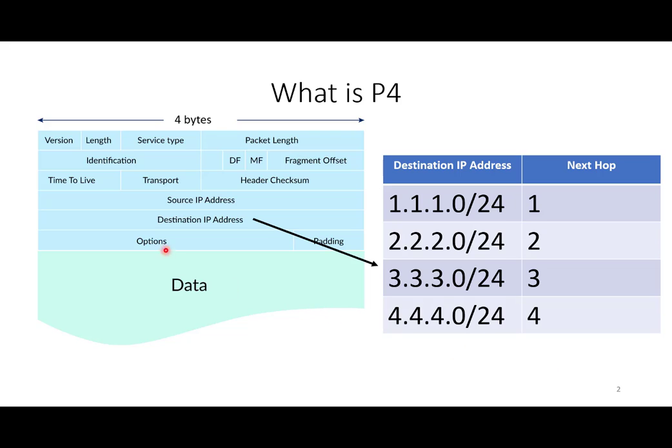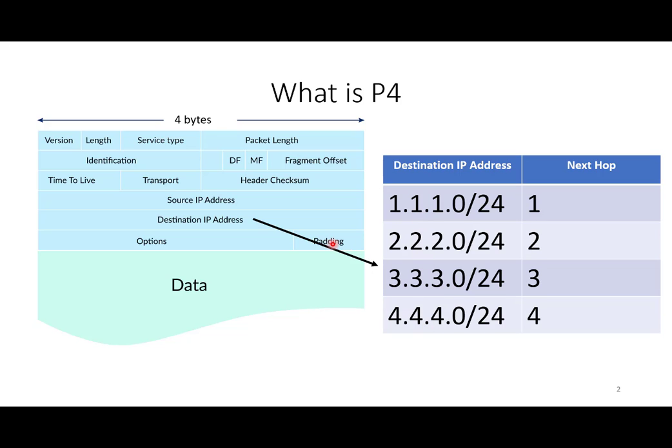Basically it looks at the destination IP address present in the packet header, and then it matches this routing table, which contains different ports against a number of destination IP addresses.